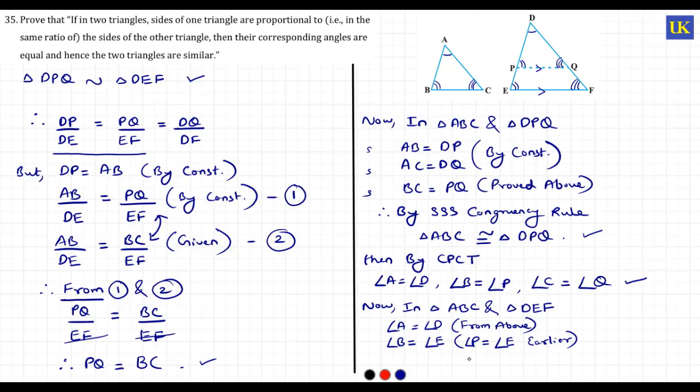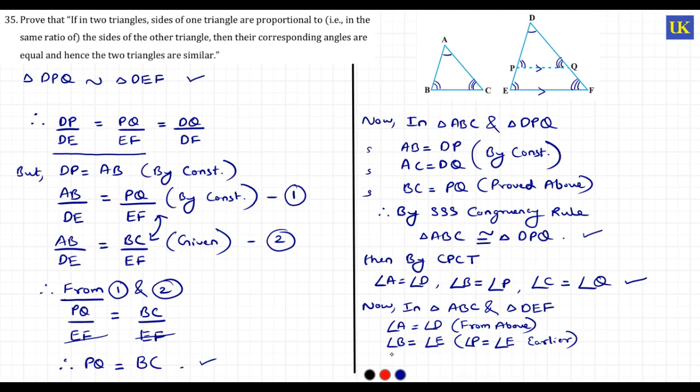So with this logic, if P is equal to E, then instead of P, here I can say that B is equal to E, because I will replace this P with E. So B is equal to E I can write.